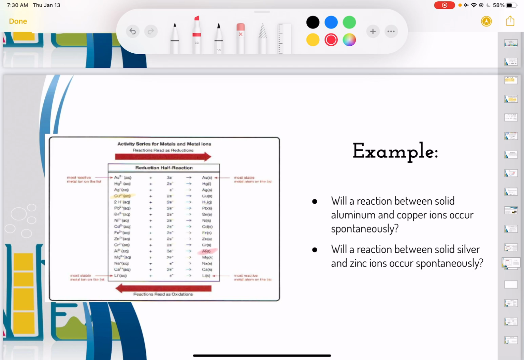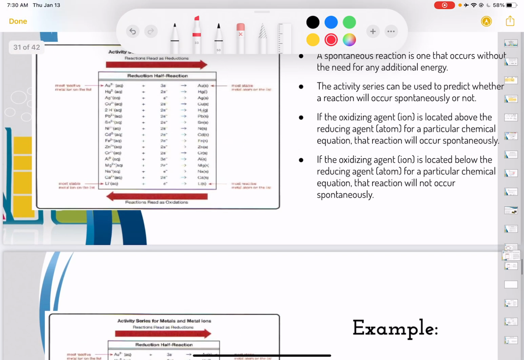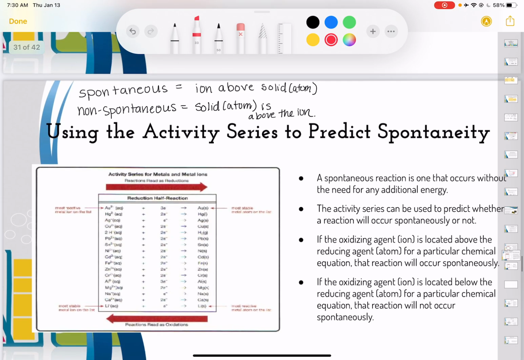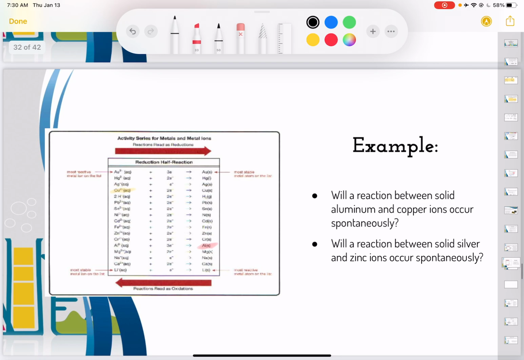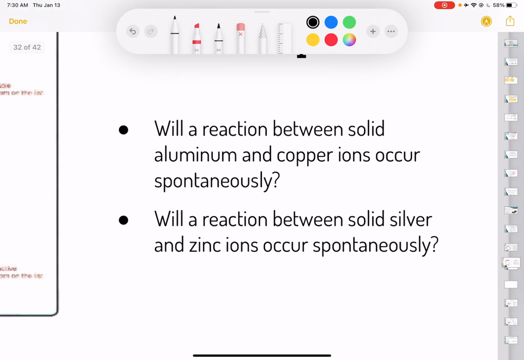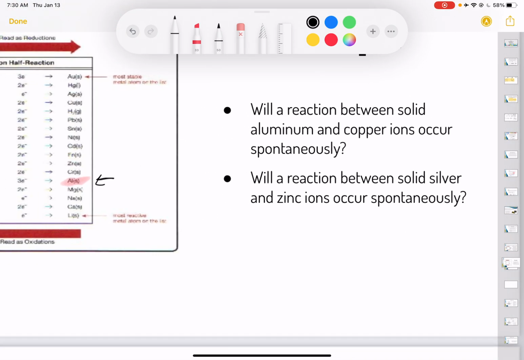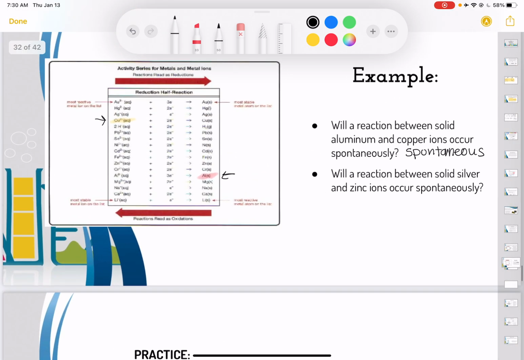In this case, the ion is above the solid. It's higher up on the table. So will this be spontaneous? It will be, right?